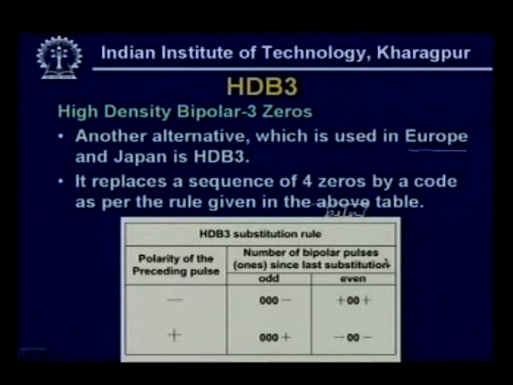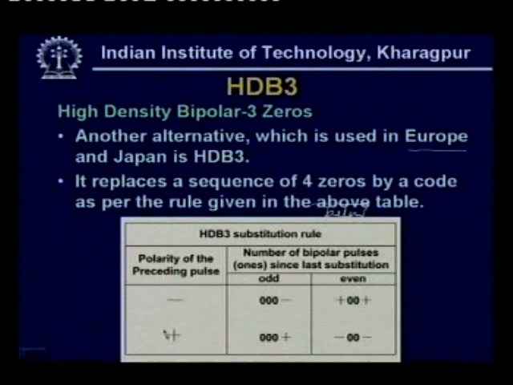This is done so that the average value is 0. That is the purpose. Similarly, if the polarity of the preceding pulse was positive, and if the number of bipolar pulses since last substitution was odd, then it will be replaced by 0 0 0 positive, and if it was even, it will be replaced by negative 0 0 negative.